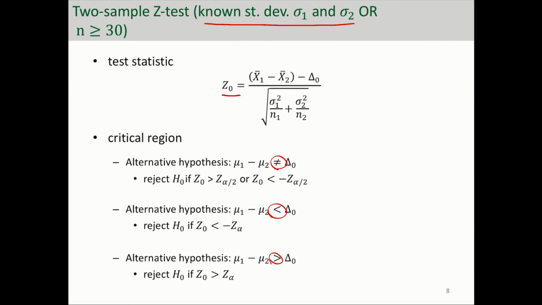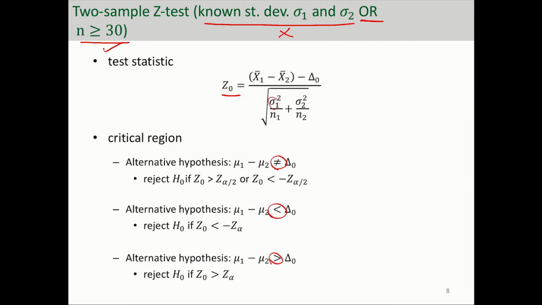But if the standard deviation is unknown, but the sample sizes are greater than 30, what do we do? Because we still need to use the z-test in that case. The standard deviations are unknown, but the sample size is greater than 30. Because this is an or condition, we've got to use the z-test again.